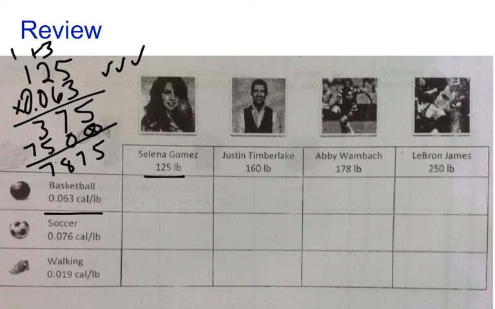And we would move the decimal 1, 2, 3 places. And for these purposes, we'll round to the nearest hundredths. So Selena Gomez would burn 7 and 88 hundredths of a calorie per minute.